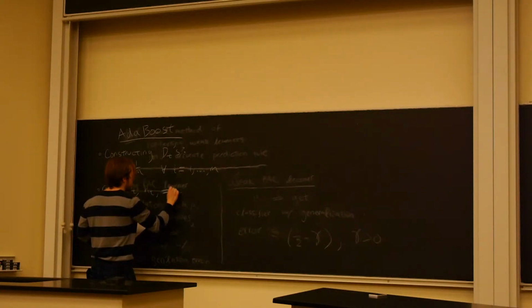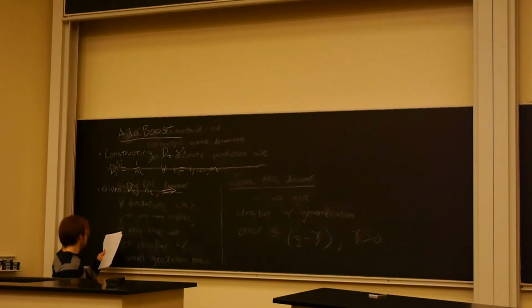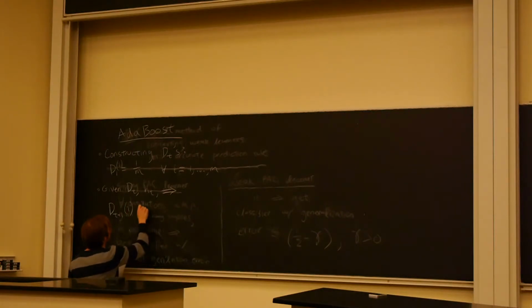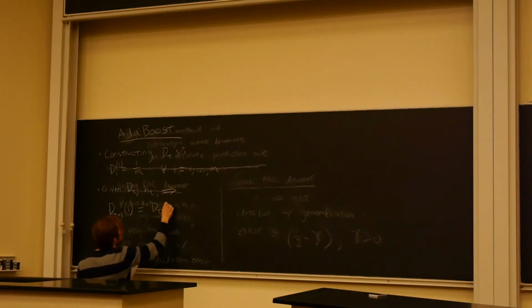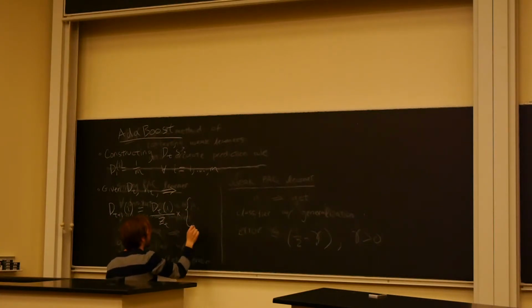Then D of t plus 1 of i equals D sub t of i, the distribution from the previous round, divided by a normalization constant, which I'll discuss in a second, multiplied by one of two cases.